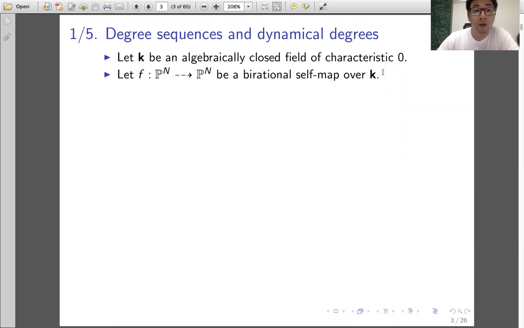Okay. So let K be an algebraically closed field of characteristic zero, and let F be a rational self-map of P^n.